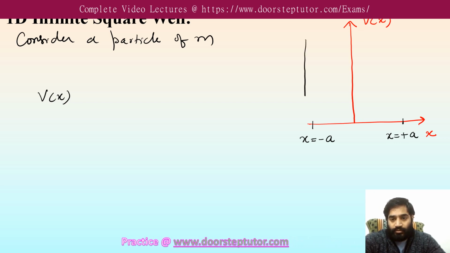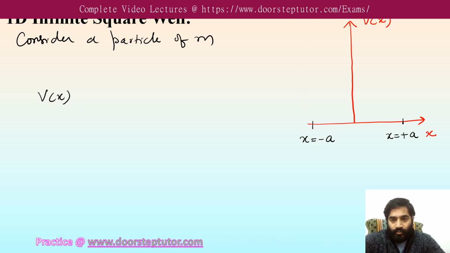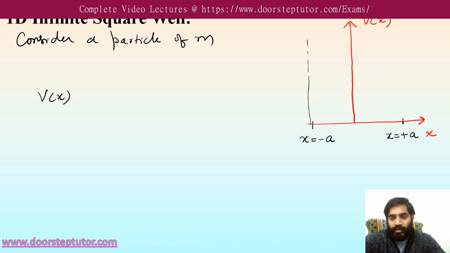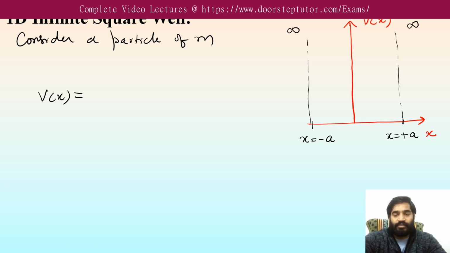So this is, you can say, the potential well. And what is the height of the potential well? If we say it goes to infinity, the potential as a function is either 0 or infinity.